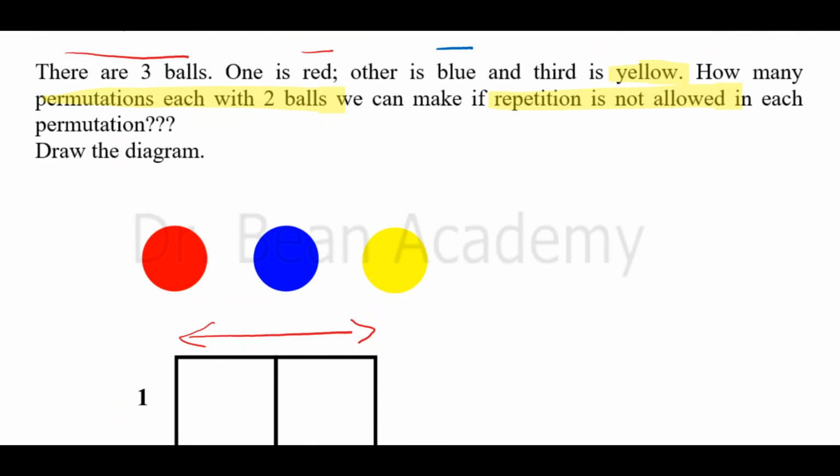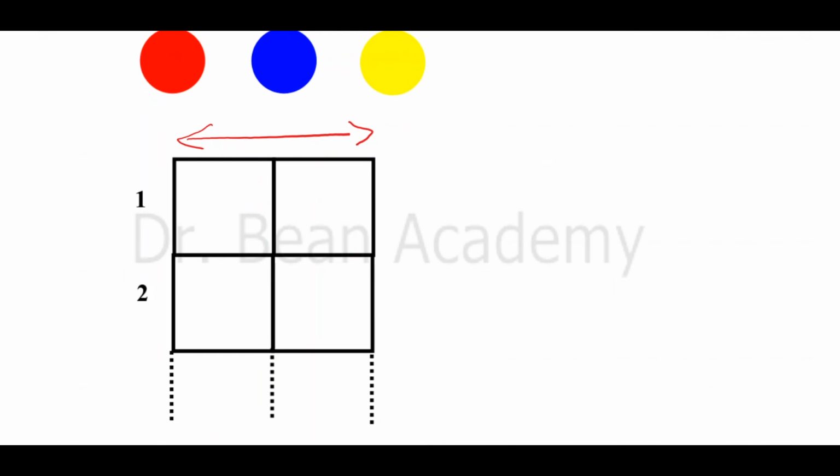First, try to determine the number of permutations manually by putting the balls in these boxes. Instead of balls, you can simply write, for example, if the first permutation is red and then blue ball, the next may be red and yellow. So you can fill the boxes like this to determine how many permutations you can make. And remember, never repeat any color in one permutation.